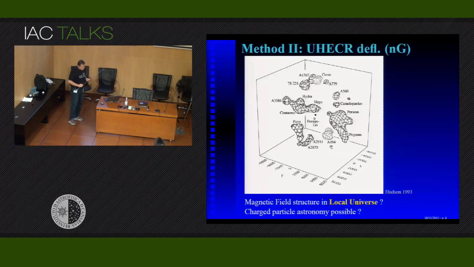Now, if you want to compare that to models, you have to take into account that these cosmic rays cannot propagate infinite distance in space. So typically the horizon is at 100 megaparsec or maybe 200, but not much more. So it's very local.